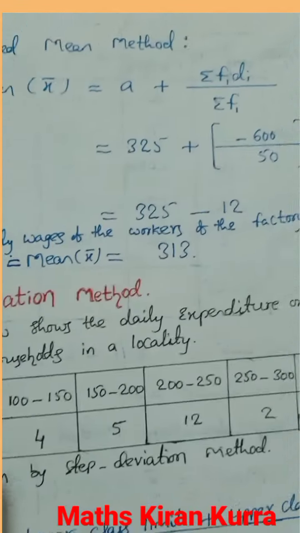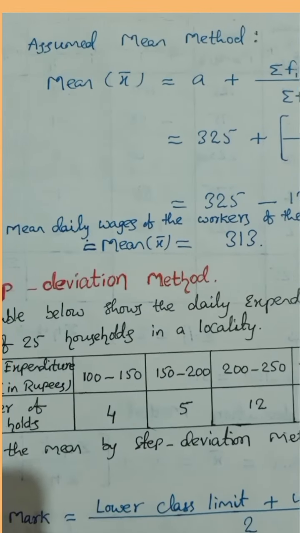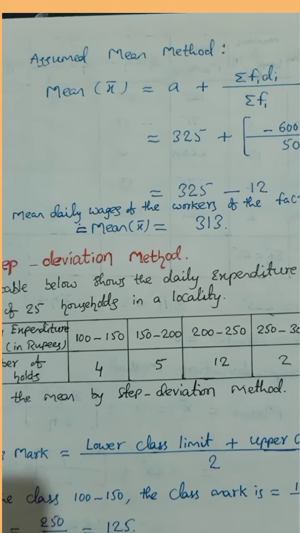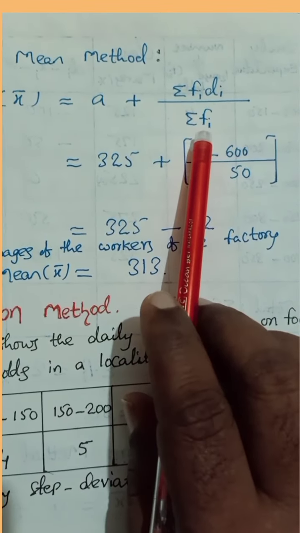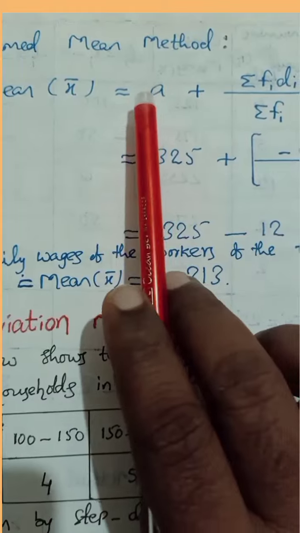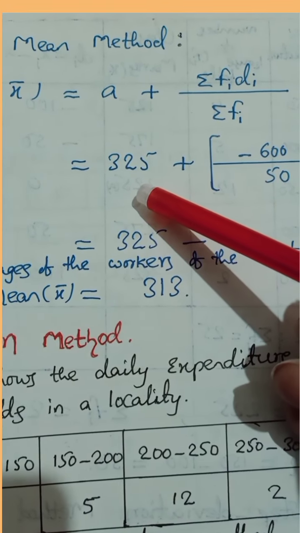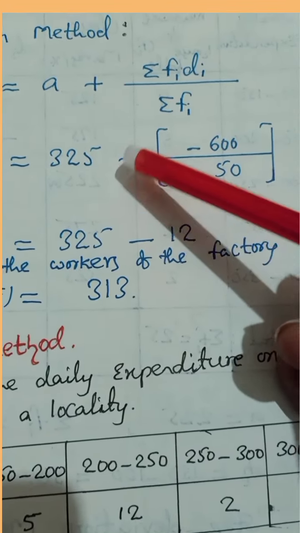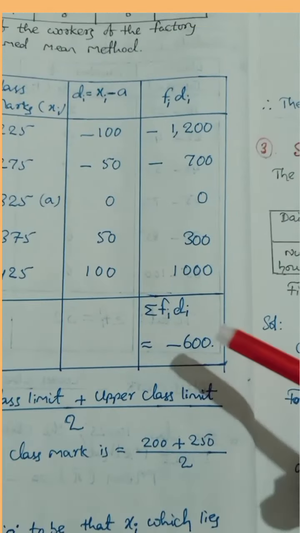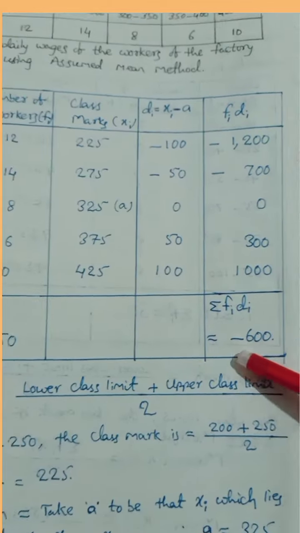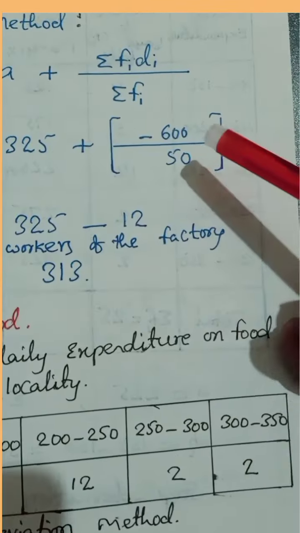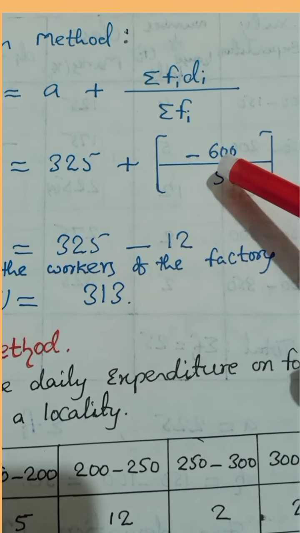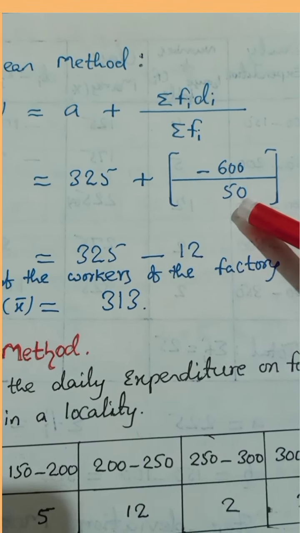Now we write the assumed mean method formula: small a plus sigma fd by sigma f. We know small a is equal to 325, sigma fd is minus 600, and sigma f is 50. On applying, sigma fd is minus 600 and sigma f is 50.